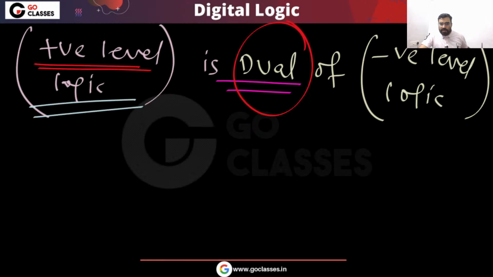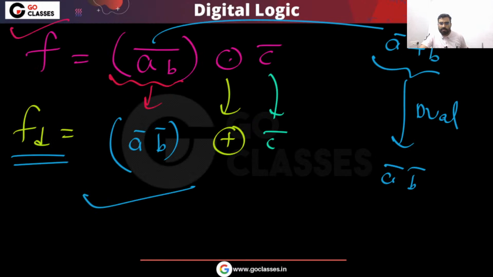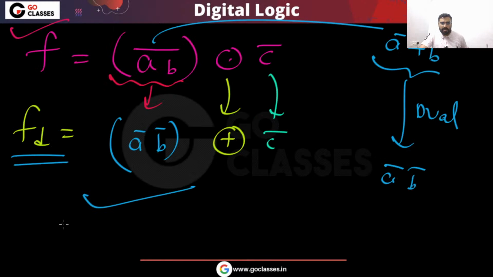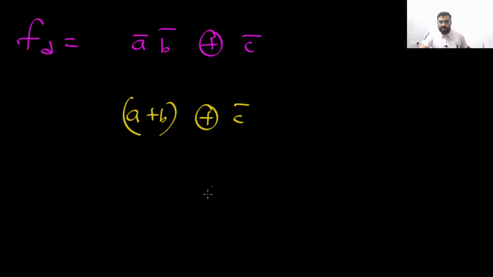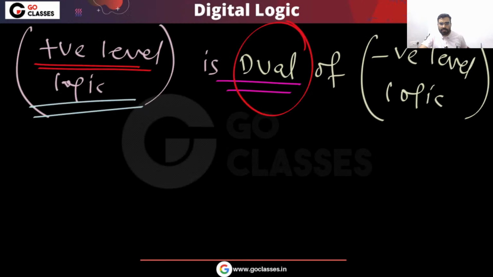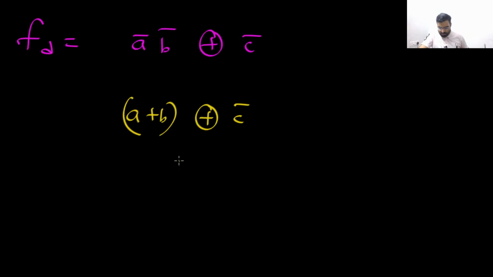Are they same? The F dual that we got is A bar B bar XOR C bar. Is this same as A plus B XOR C bar? Are they same, these two?